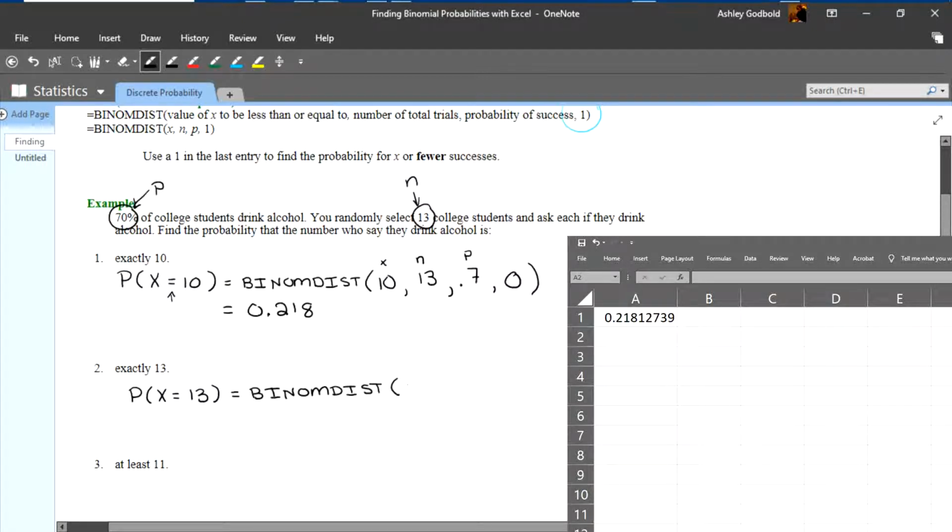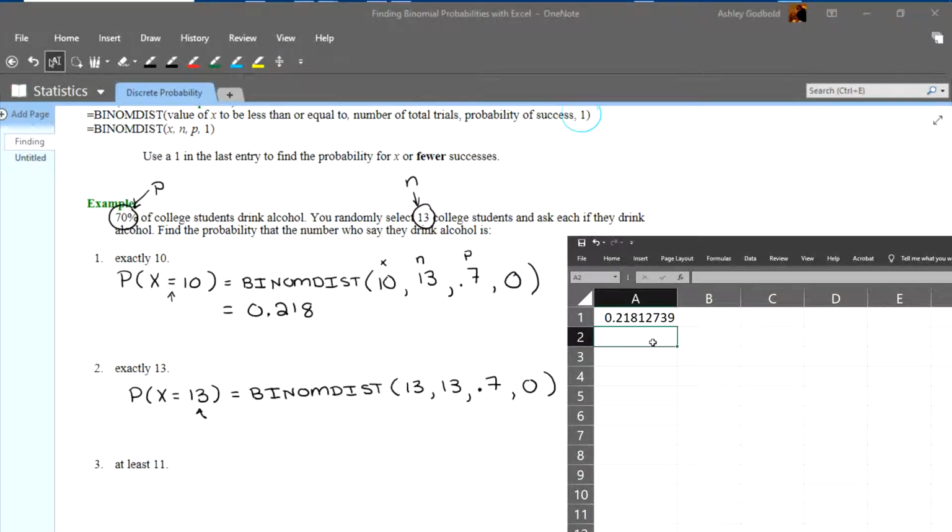This time my x is 13, because this is my little x here. Then my number of trials is also 13, my probability of a success is 0.7, and no, I do not want to do a CDF. Okay, so let's go back to Excel and see how this works.